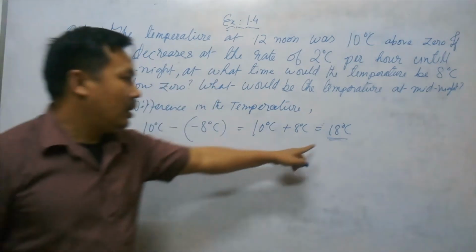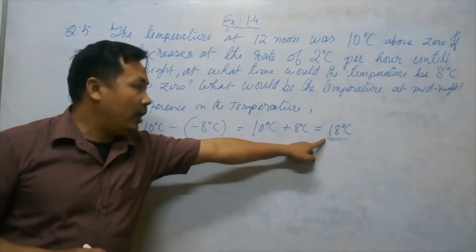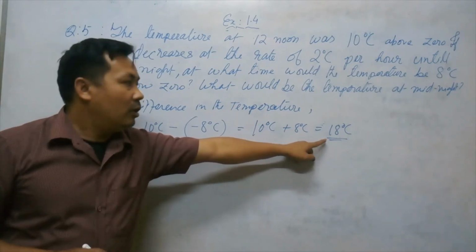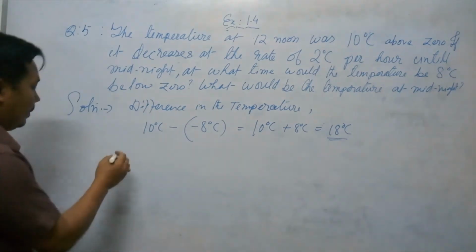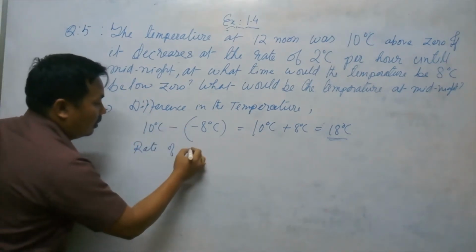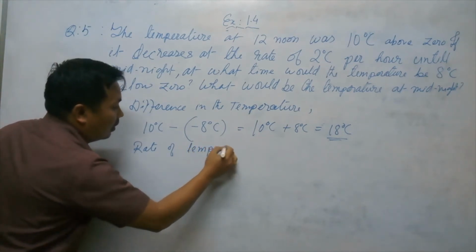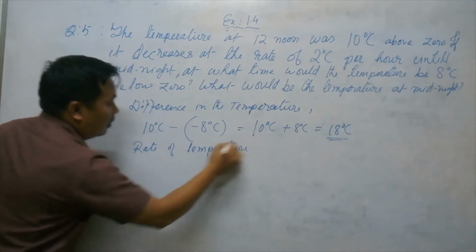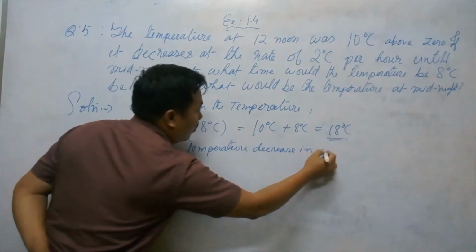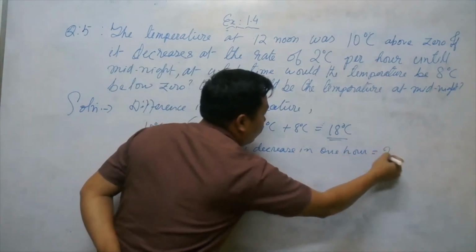We know the rate of decrease, and we have to find the time from this difference. So how do we find the time? The rate of temperature decrease in 1 hour is 2 degrees Celsius.